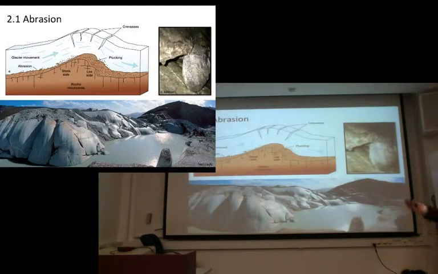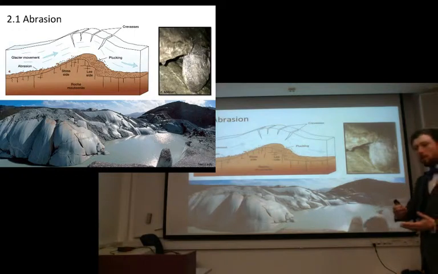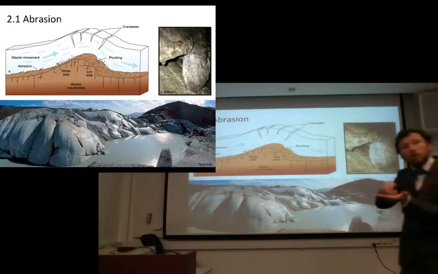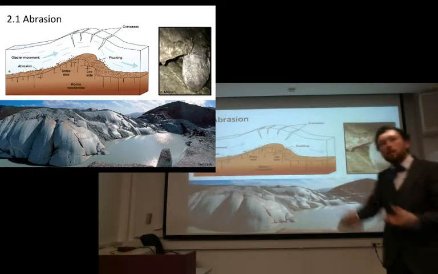The first process, the one that was studied first, is called abrasion. Abrasion occurs when the ice abrades the bedrock, because at its base it contains a lot of sediments and small pebbles, and as they are moved by the ice they start grooving the bed.